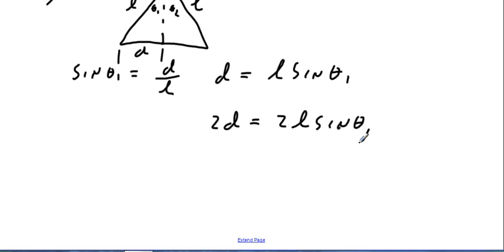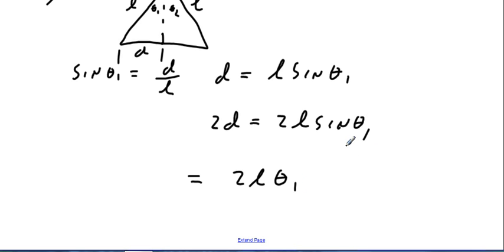And then you could say, because theta is small, that that's going to be 2L theta 1. We could drop the sine portion.